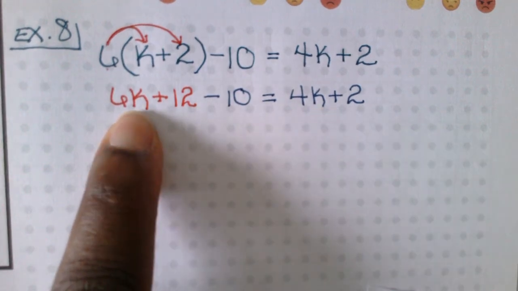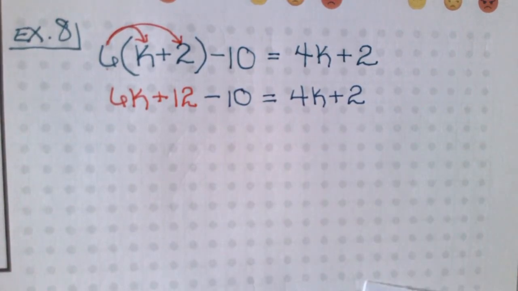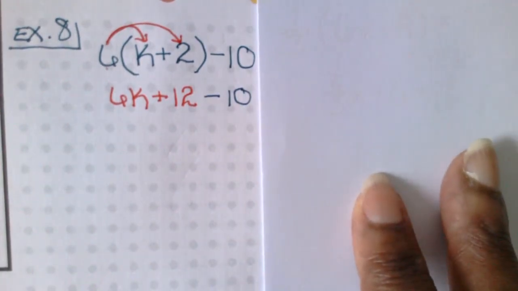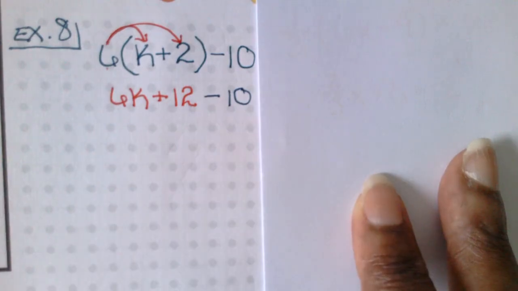So we're either going to put our k's on the left-hand side, or on the right-hand side. But before we make that decision, take a look. Do we have any like terms that we can combine on this left-hand side? What can I combine?